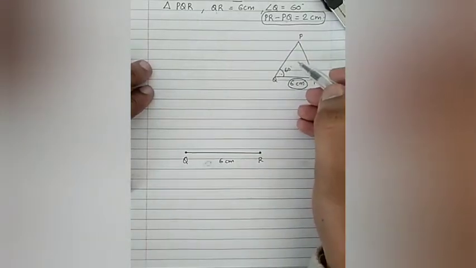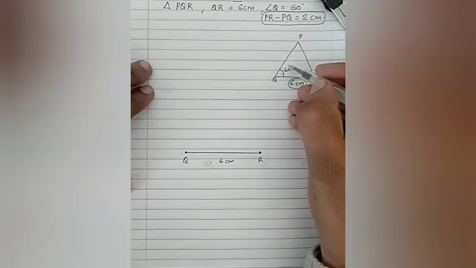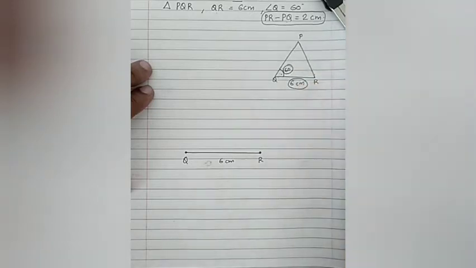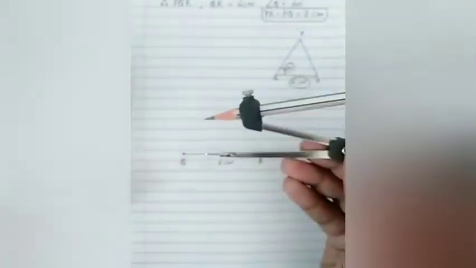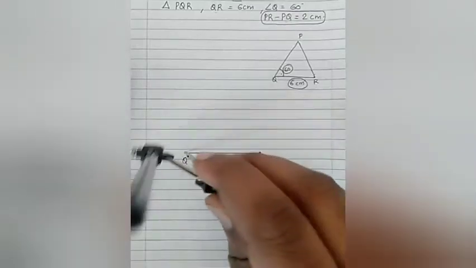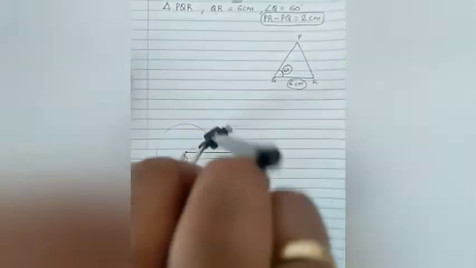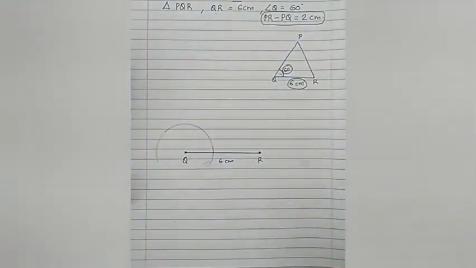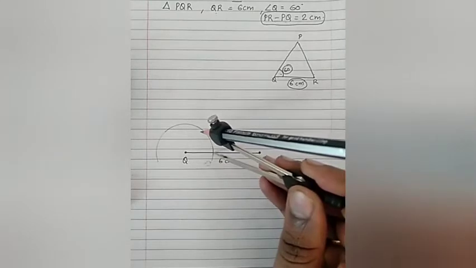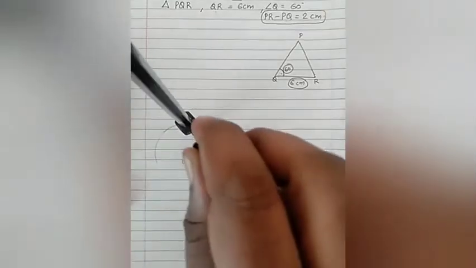The second step that we followed in the first and the second question is making an angle of 60 degree. For that to happen, I'll use my geometric compass, take a desired radius and draw an arc. So as you could see, I drew an arc of desired radius, and then without changing the radius, I'll draw another arc.